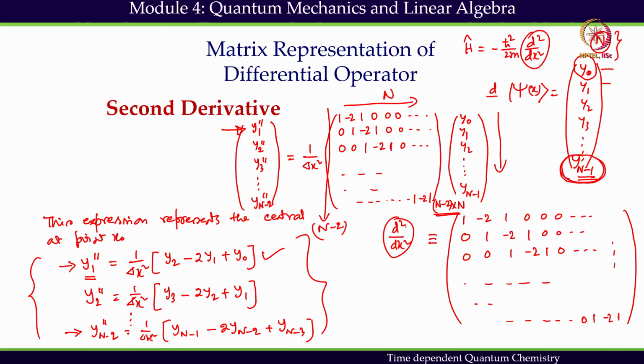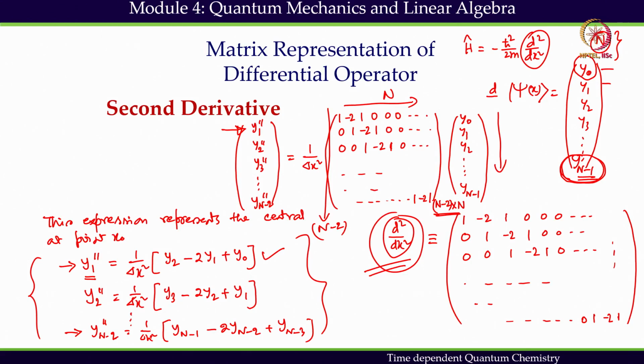So, the matrix representation of this derivative operator under this grid representation is given by this. That is the way we can represent the second derivative in the matrix form.